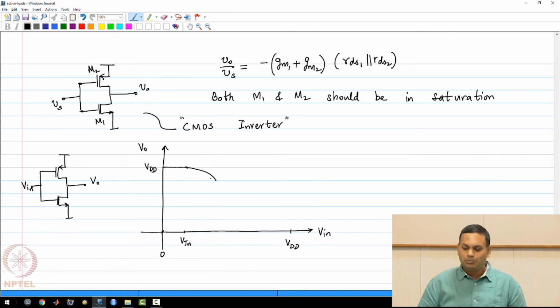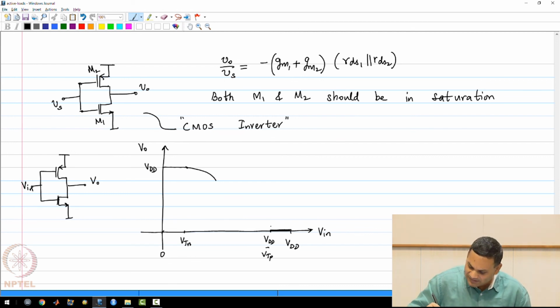Now, before I draw the center portion, let us look at the other side. If you look at voltages between VDD minus VTP and VDD, you will find that the circuit is not conductive because the PMOS transistor is off, and so you will find that the output voltage is 0 and stays 0 because the NMOS transistor has a drain-source voltage of 0.